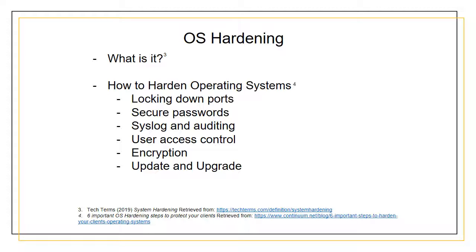With all these components to an operating system, there are several ways that we can verify that it is secure. This verification is called OS hardening, operating system hardening. It is important to harden an operating system to ensure that there is a minimal chance of impact, especially for a customer-facing platform.